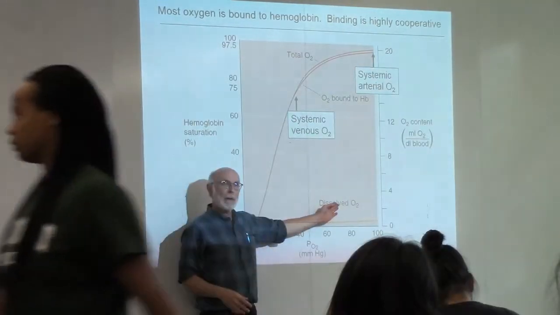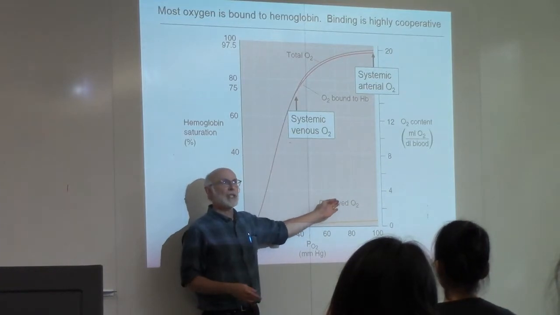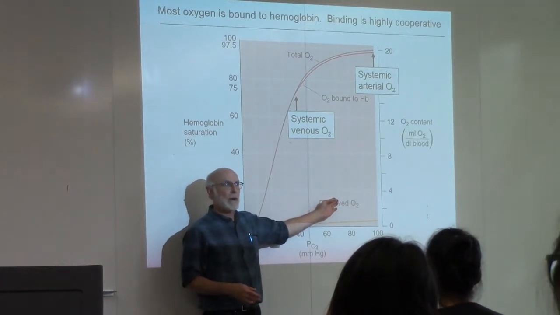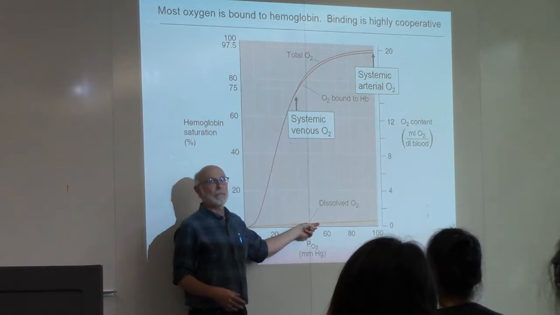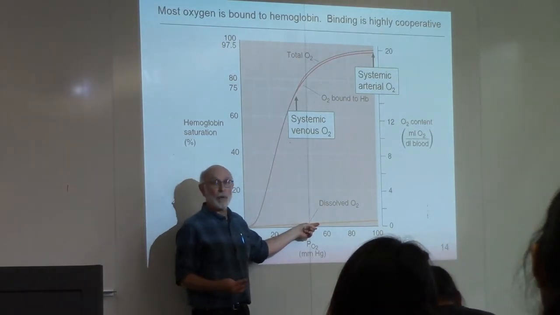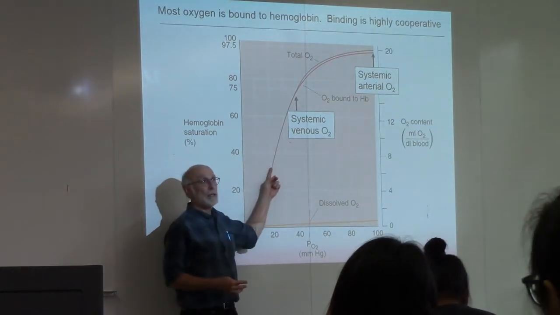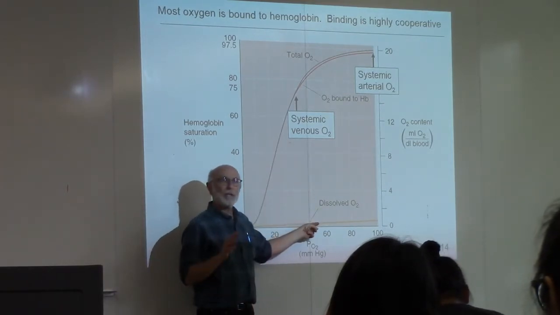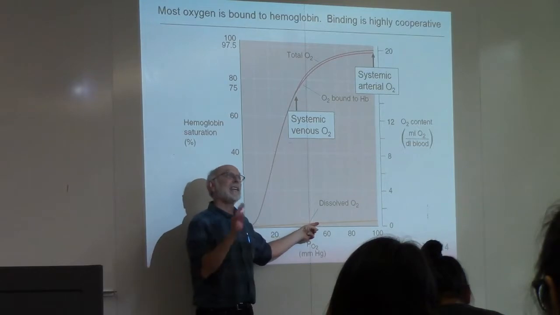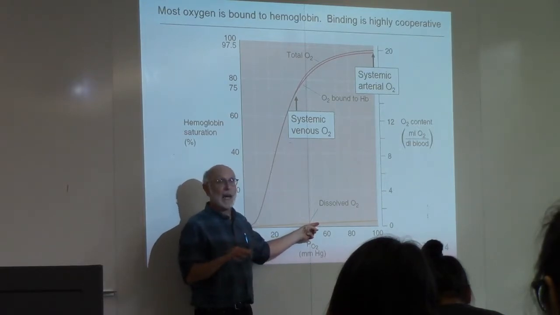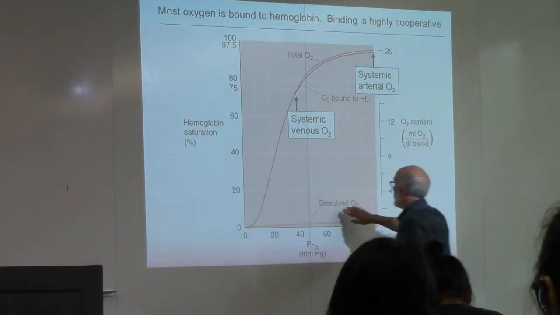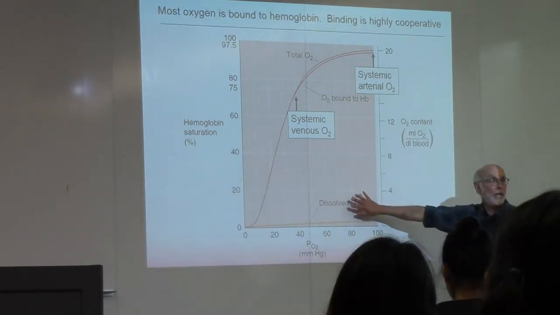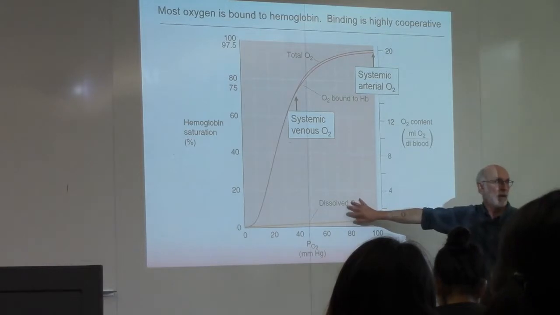So there are two ways that oxygen can be carried in blood. It can be dissolved in the serum, and that's a tiny minor component, or it can be bound to hemoglobin, and that's the major component. The dissolved amount for oxygen is trivial, but I introduce it because for carbon dioxide, it's not trivial. But this is just oxygen dissolved in water, in serum.